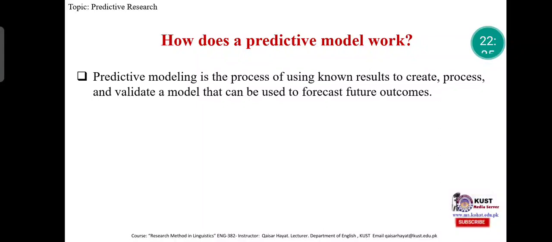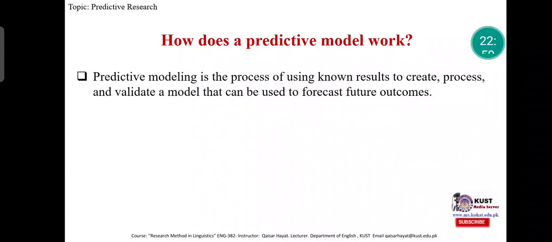Student, predictive modeling of research is actually a process. Process of using known results to create what has to be created, what has to be processed, and what has to be validated. Definitely there would be a model that can be used to forecast future outcomes.